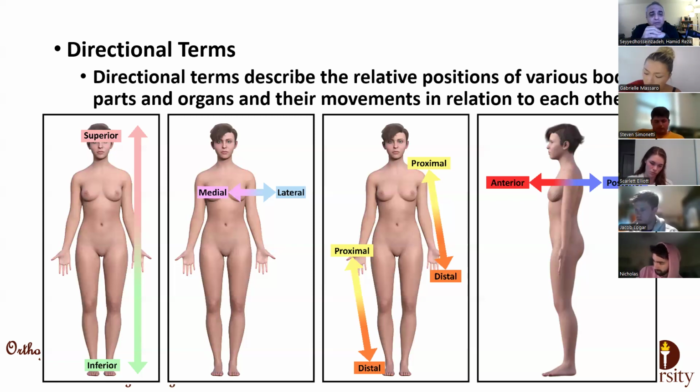The same thing is true for medial and lateral. Medial means toward the midline or toward the inside of the body. Lateral means toward the outside. So the chest is medial to the arm, and the hand is lateral to the hip.